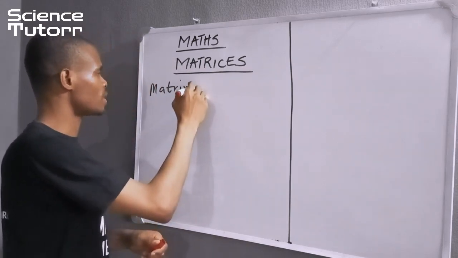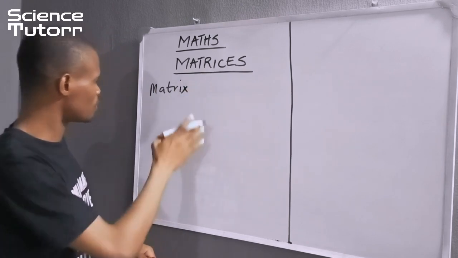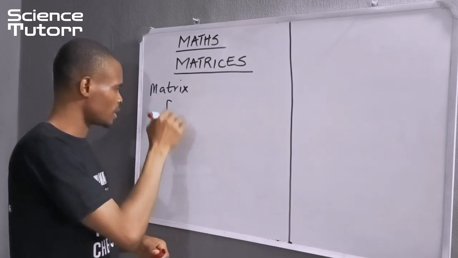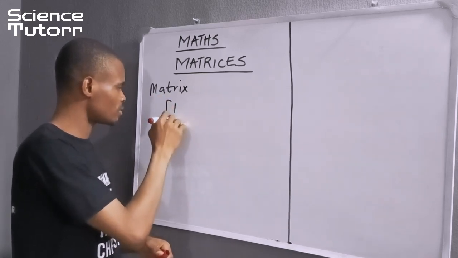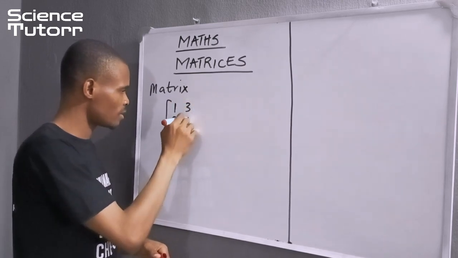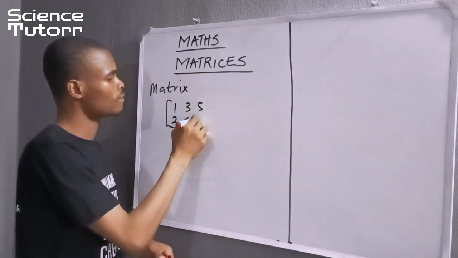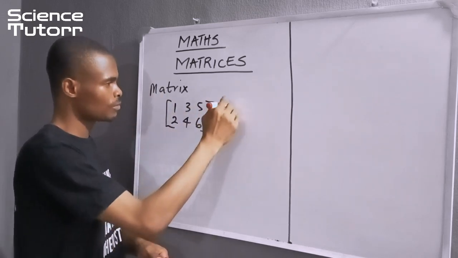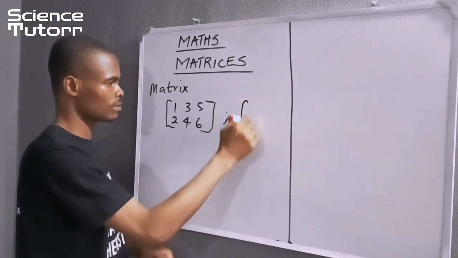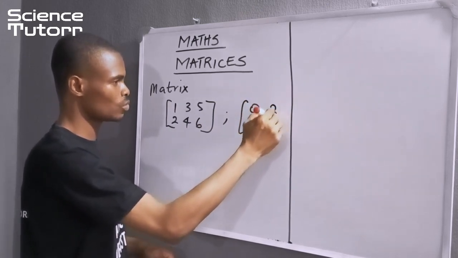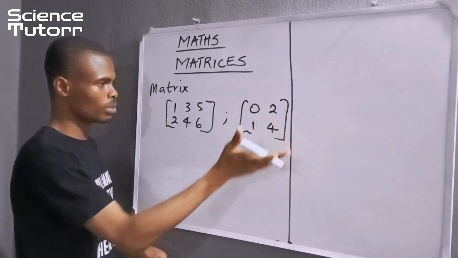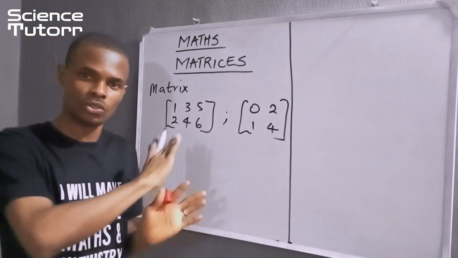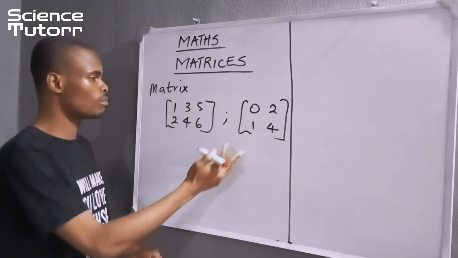For example, numbers enclosed in brackets 1, 2, 3, 4, 5, 6. Other examples are 0, 1, 2, 4, also enclosed within brackets. So it's simply an array of numbers, an arrangement of numbers that is shown in a bracket. Now these are examples of matrices.